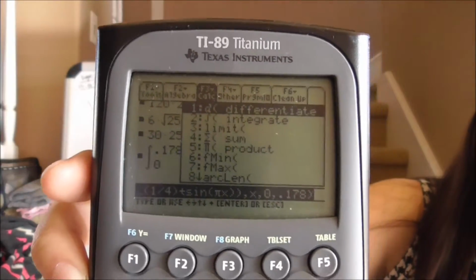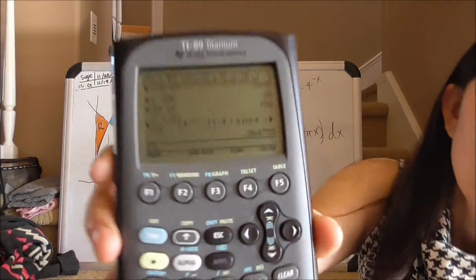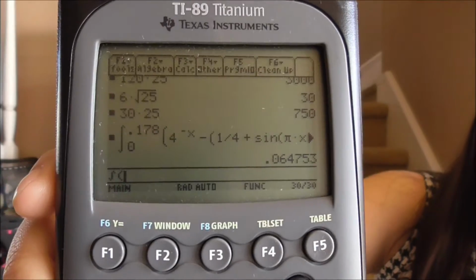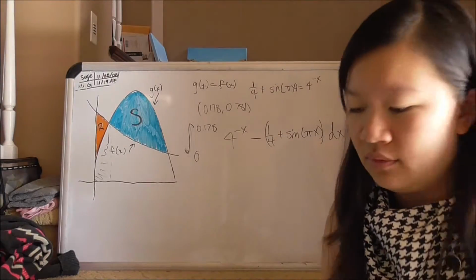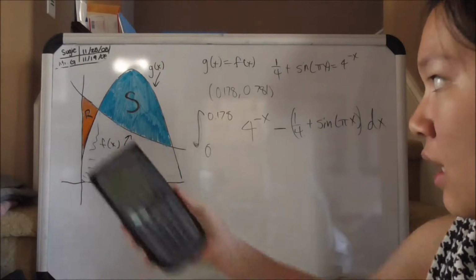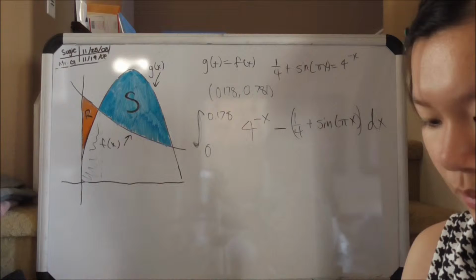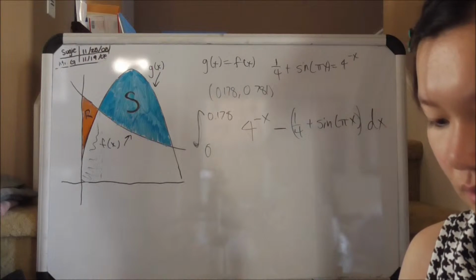Go down one and you will find integrate, which gives you that fun little squiggly plus a parens. From there, you're going to plug in the upper half equation, which is 4 to the power of negative x.